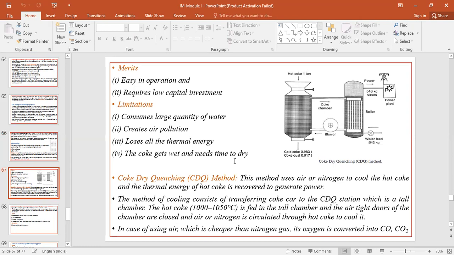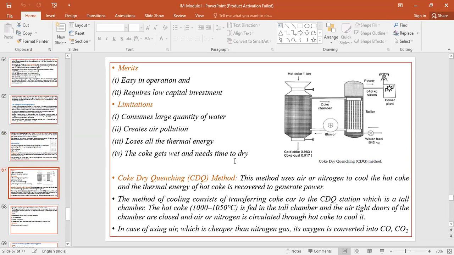And certainly, you're using water as a media, so water will percolate into the internal pores of the coke. So it takes some time to dry before use, or we need to use some other equipment for drying this coke.